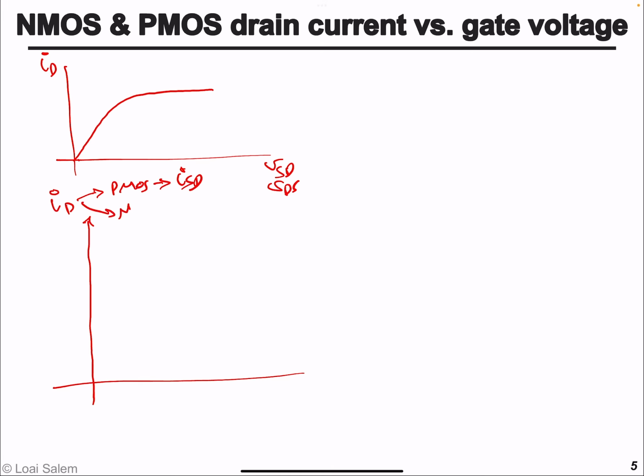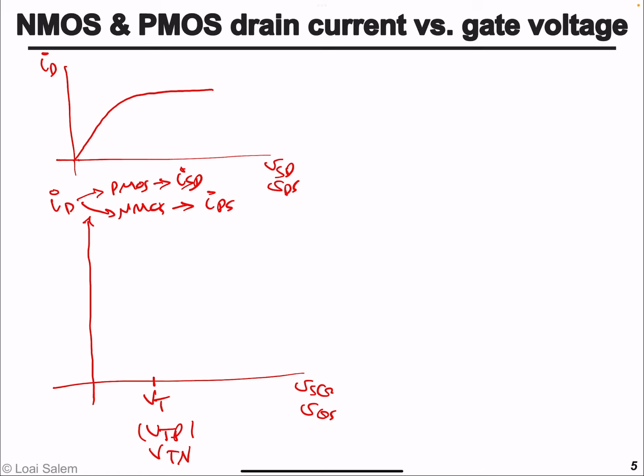In an NMOS, it's going to be I drain to source. Okay, so ID versus VGS or VSG. In a PMOS it's going to be VSG. In an NMOS it's going to be VGS. We have the threshold voltage VT. For a PMOS it will be VTP, or rather the absolute value of VTP. For an NMOS it's going to be VTN.